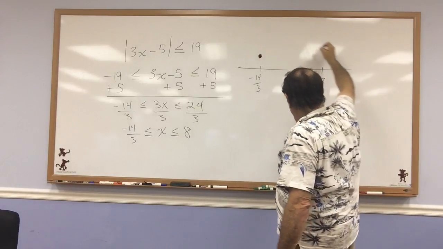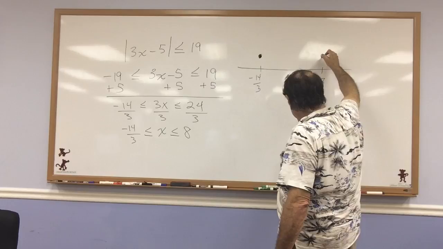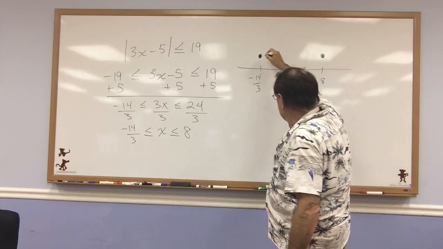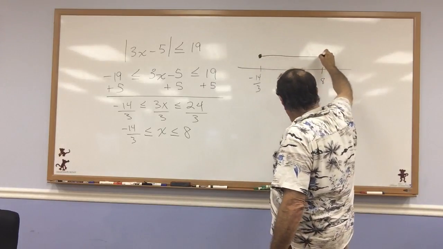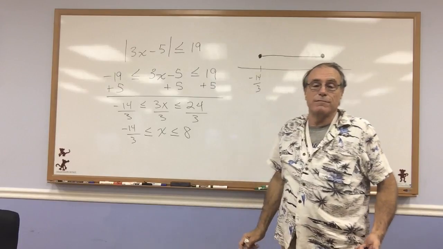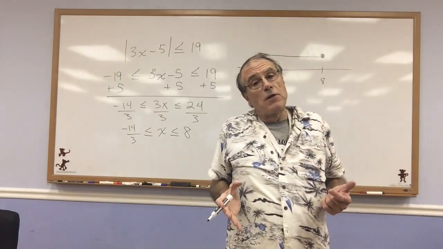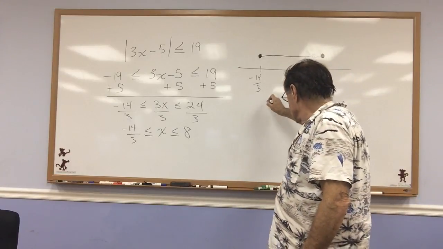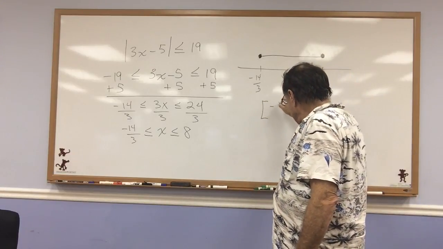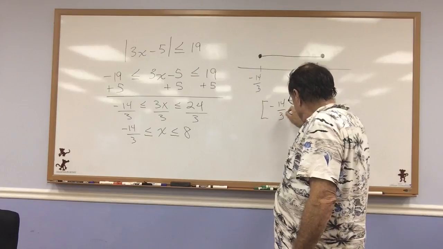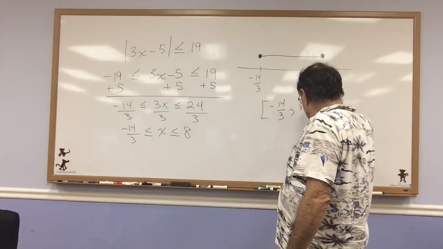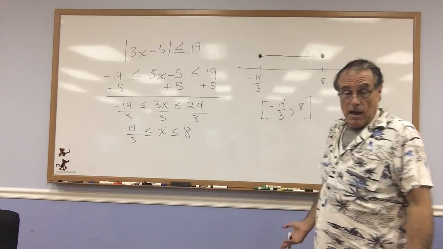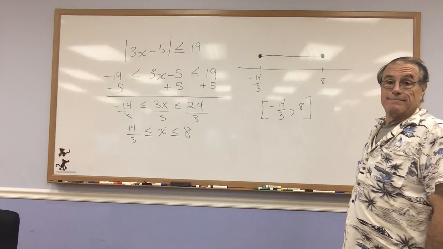I like to put the graph above the line. That way it's clearer. Closed circles, connect the dots, that's my graph. For interval notation, because I'm including the points, I use brackets. Bracket, negative 14 thirds, comma, 8, bracket. I'm all done. And that's it.